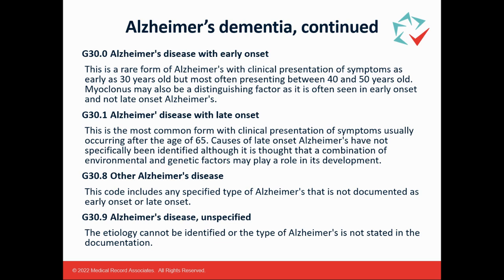And this is used when the etiology cannot be identified or the type of Alzheimer's is not stated in the documentation. And you will probably find that the G30.9 is the most common code that you're going to be using because most physicians do not give you that much specificity. And remember, you cannot code the early or late onset without documentation of it by the physician or provider.